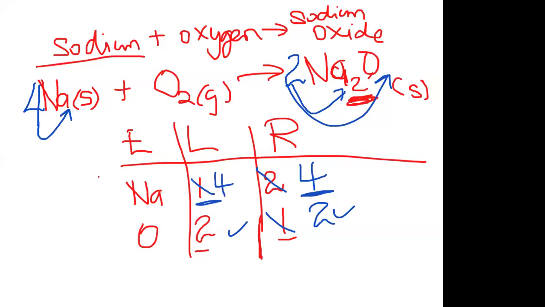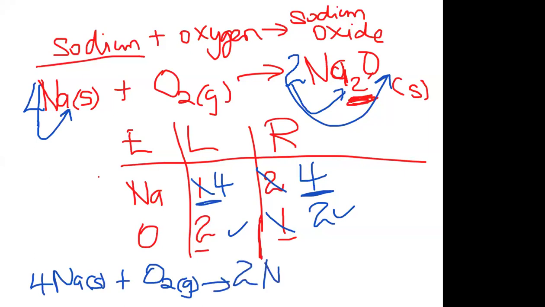So my balanced equation is 4Na solid plus O2 gas produces 2Na2O solid. Is this clear? Yes, Miss.